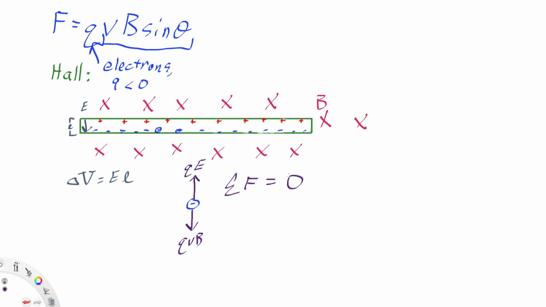So we'll continue to get a stronger electric field and more charge separation until these two balance each other out. And then that's the biggest separation that the magnetic field can provide. At which point we will have QE equals QVB. The Q's will cancel. And we will have E equals VB.